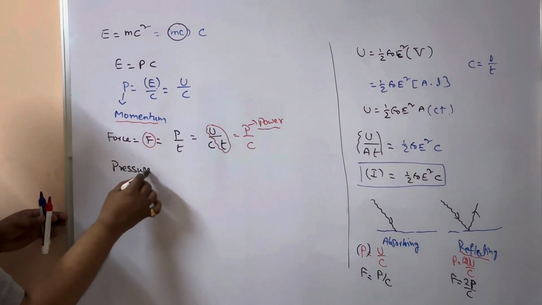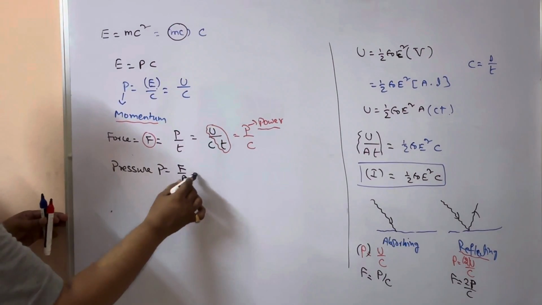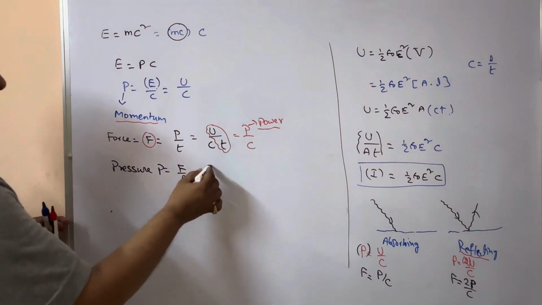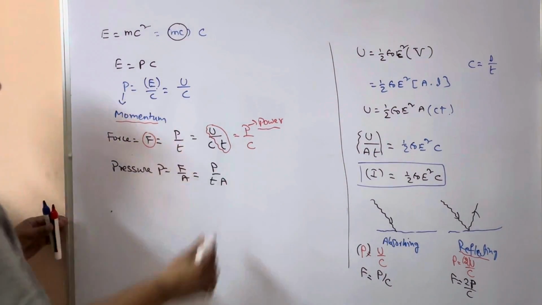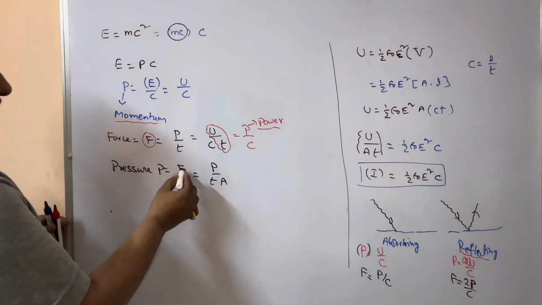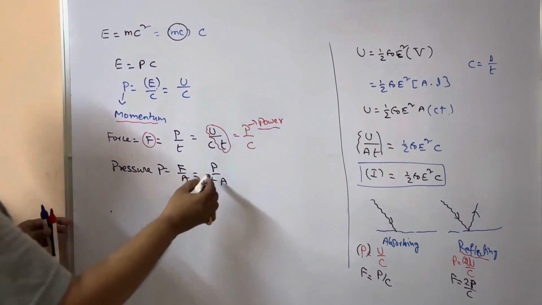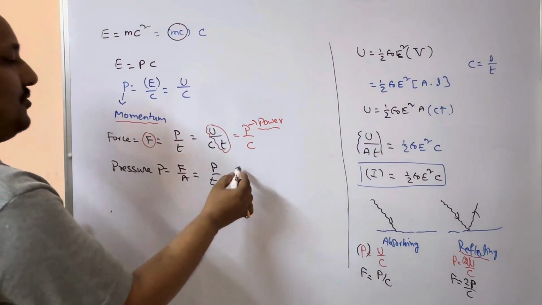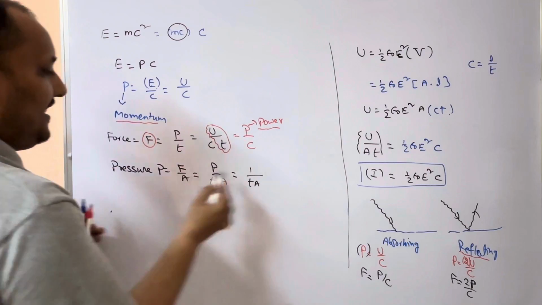So what is the pressure equation for us? Pressure is force by area. Again, force is nothing but momentum by time, so it is momentum by time into area. What is momentum once again? U by c. So it is U by c into 1 by TA.